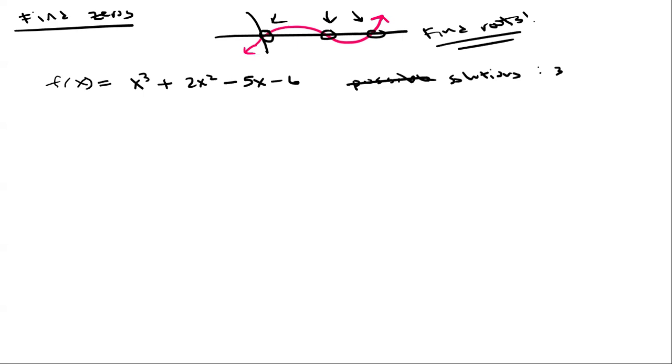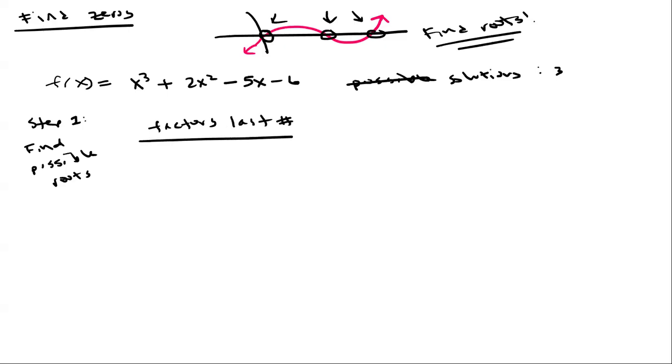Okay, so step number 1, we need to find the possible roots. Okay, so how do we do that? We take the factors of the last number and then we divide that by the factors of the first number, or in this case, the coefficient, okay?